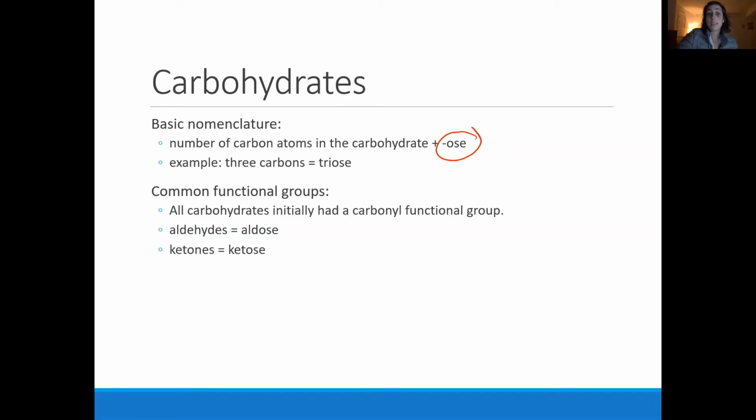Now, carbohydrates can also be broken down into their main functional group that they have, in particular a carbonyl functional group. Remember, a carbonyl is this type of group, a carbon double bonded to an oxygen, and there are a variety of types of carbonyls depending on what is attached to this carbon. So for example, if there are 2 more carbons on each side, this is called a ketone.